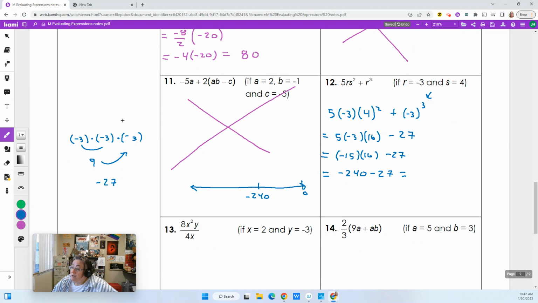If we subtract another 27, and it lands us right here, that's going to give us 27 more in the opposite direction. So we add those two numbers together and give them a negative sign. And it is going to give us negative 267 as our solution.